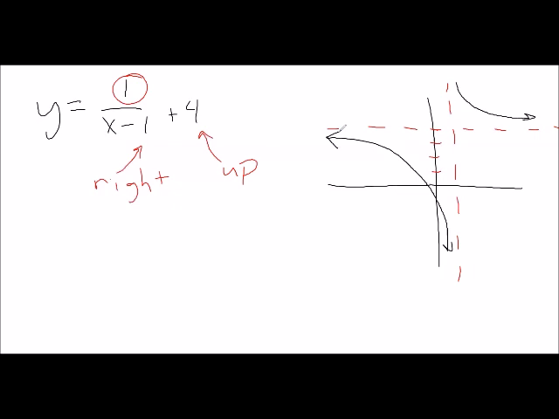So that would be an example of how we could use transformations to help us graph a new function, just as we would any other type of function where we're shifting it horizontally or vertically with the negative 1 or the positive 4 in this case. Well, let's go ahead and try another one.